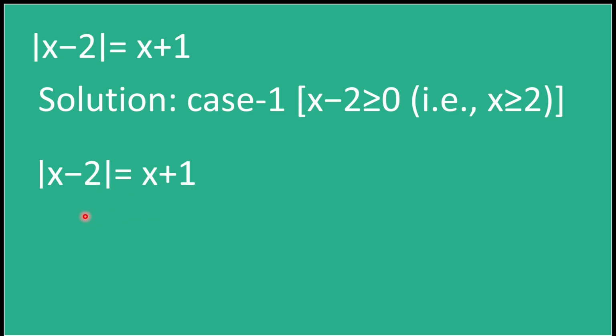Basically we have taken this as greater than 0, like I have defined in case 1. So now this x will cancel this x, and we finally have minus 2 which is not equal to 1. So it means that no solution is possible in this case. So in this case, we have no solution of this equation.